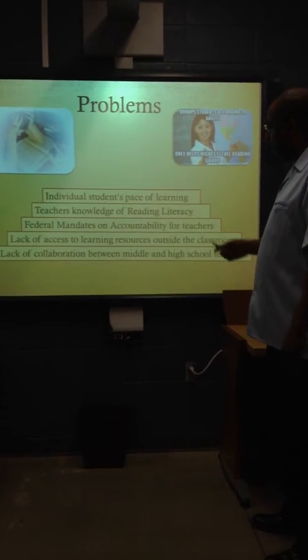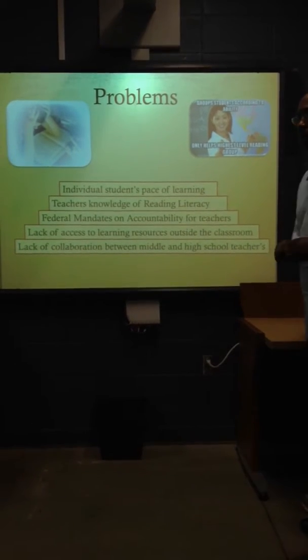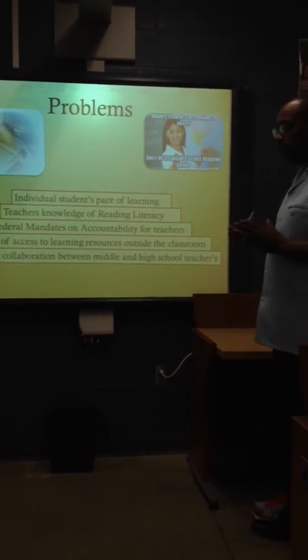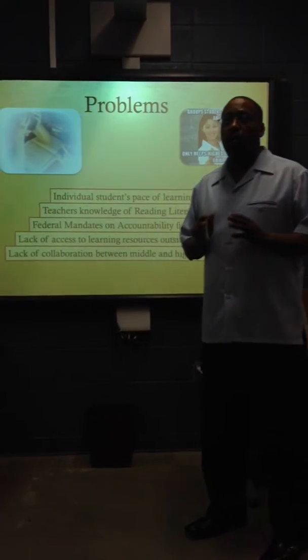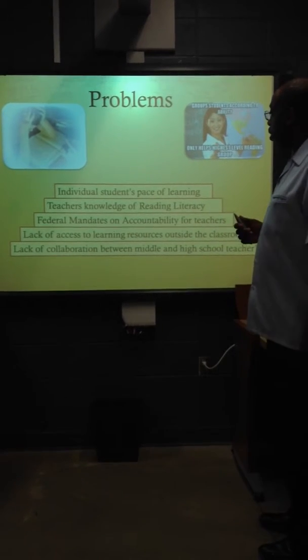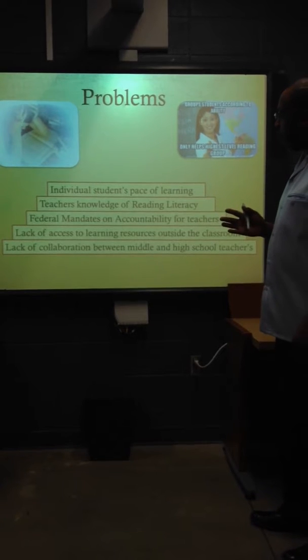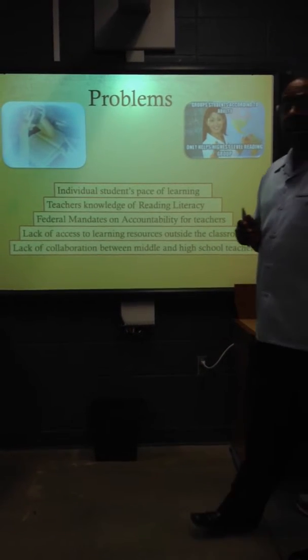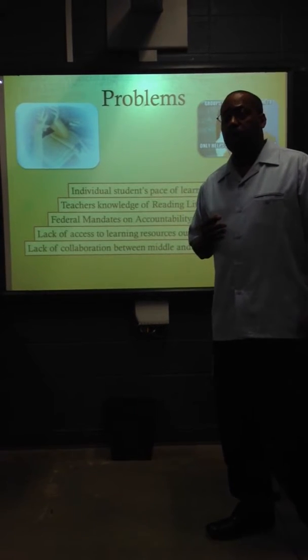Some of the things was individual students' pace of learning. One of the things that I realized was going to be a problem, because we were talking about all ninth grade students at Centerpoint High School, or eighth grade students coming to the ninth grade. As I did my research, I looked at the 199 incoming ninth grade students coming to Centerpoint High School.